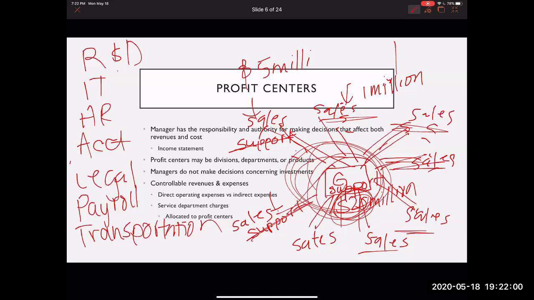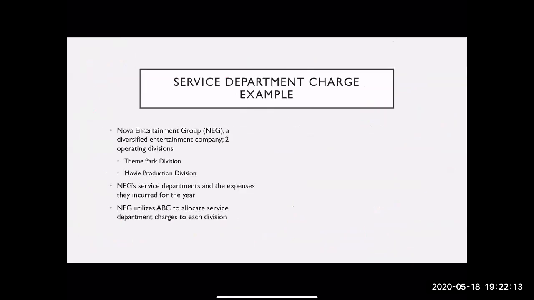All right, so hopefully you know what I'm talking about, or maybe you work at an organization of this type, and I've done it surely before. So let's talk about it more in the next slide. All right, so here's our example. So we're talking about allocating service department charges. So again, HR, IT, legal, what else?